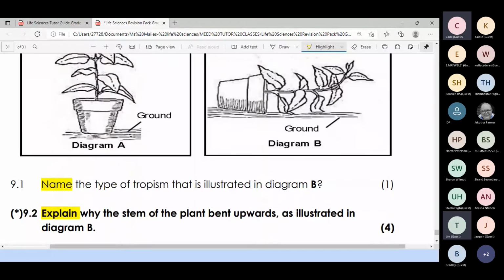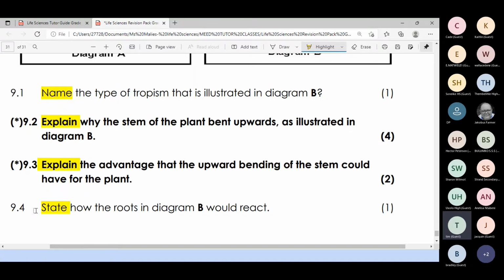If we talk about phototropism, it's unilateral light. So, name the tropism that is illustrated in diagram B. Then 9.2, explain why the stem of the plant will bend upwards as illustrated in B. You see, it's bending upwards. 9.3, explain the advantage that the upward bending of the stem could have for the plant.